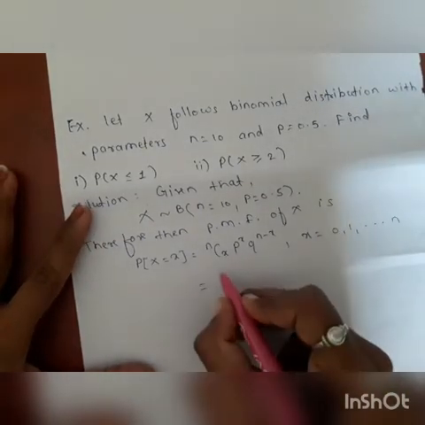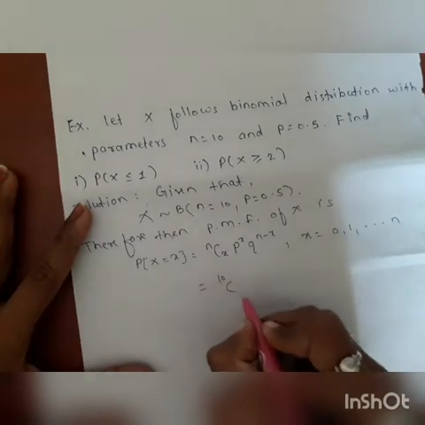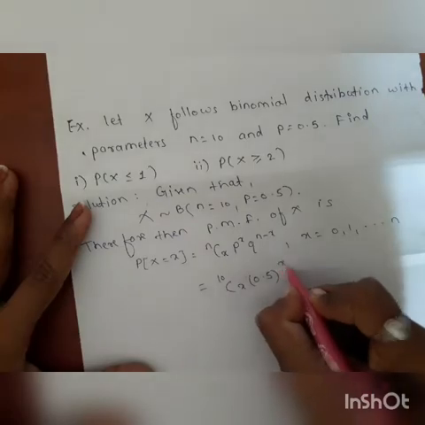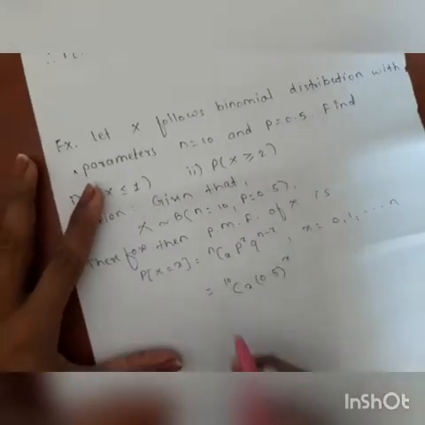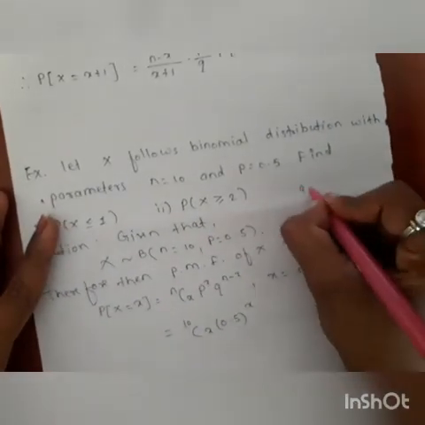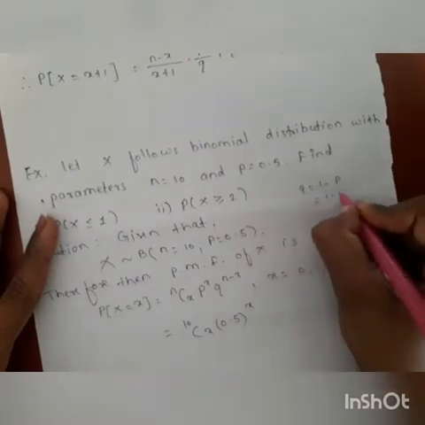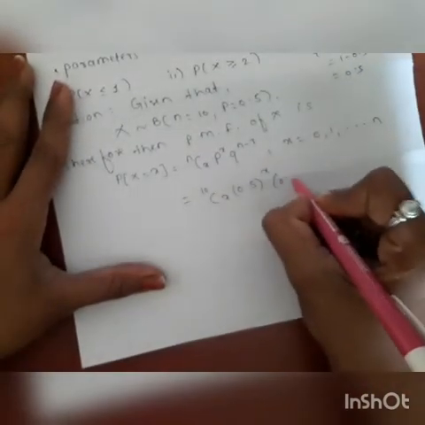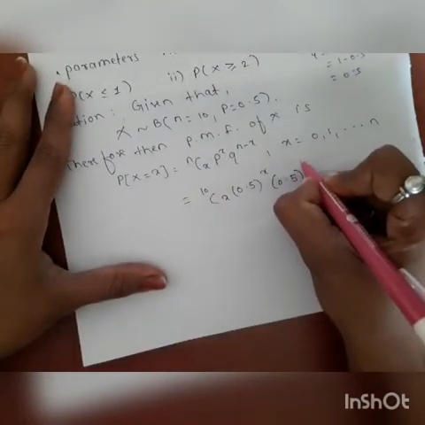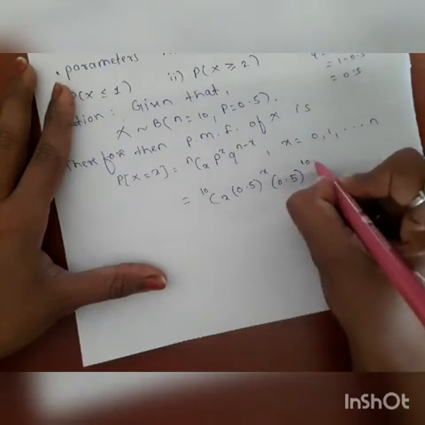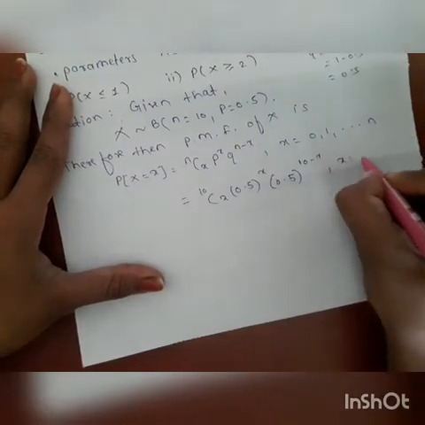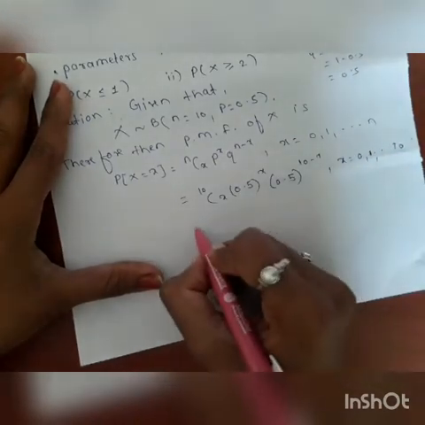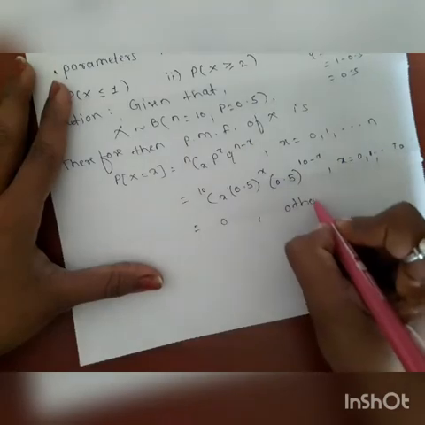That is, 10Cx, 0.5 raised to x, and q is 1 minus p, that is 1 minus 0.5, which is equal to 0.5, so 0.5 raised to 10 minus x, with x running from 0 to 10, and equal to 0 otherwise.